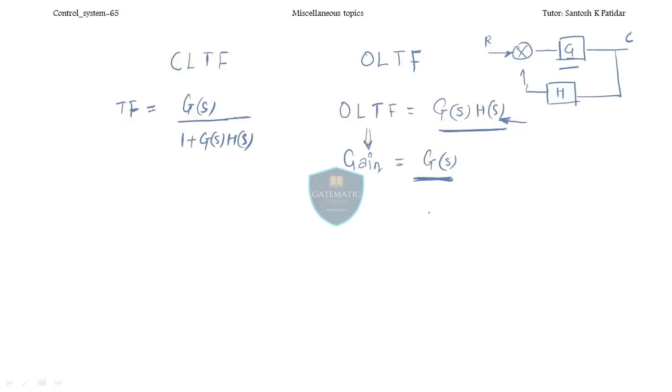One more thing before I come there: whatever we studied in the control system, from the first unit to the last unit, is for LTI systems only, the linear time invariant systems. All these systems are linear and time invariant.